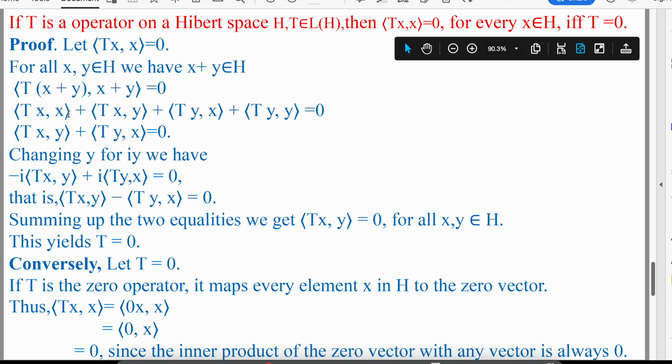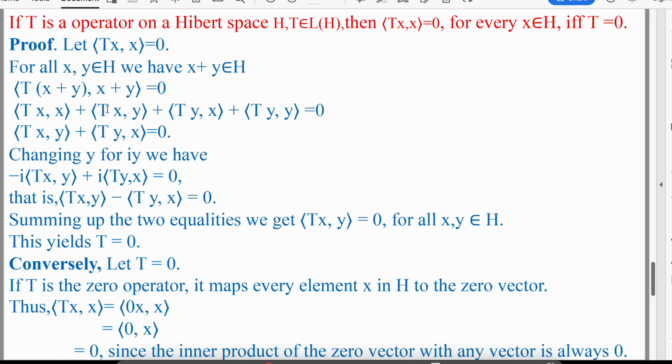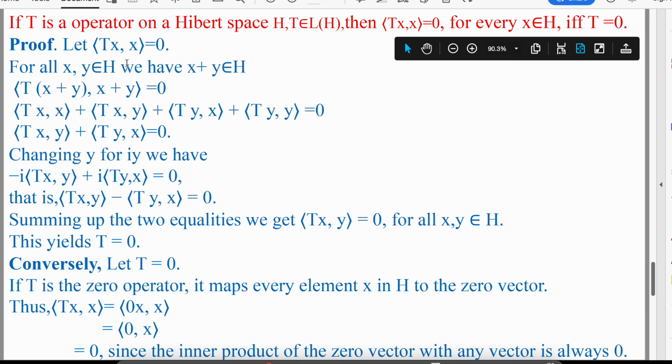But the inner product of Tx and x is given to be 0 if x belongs to H. If y belongs to H, the inner product of Ty with y will be 0. So this term is 0, this term is 0.